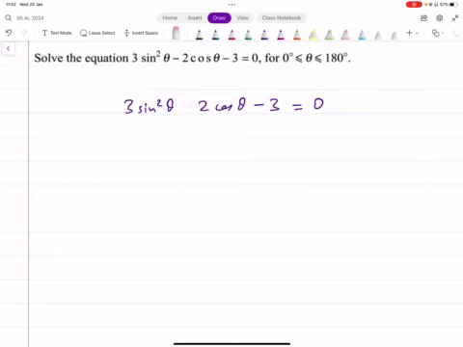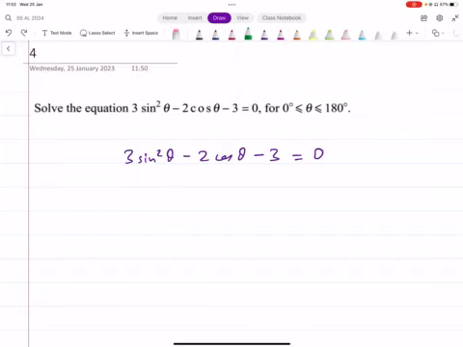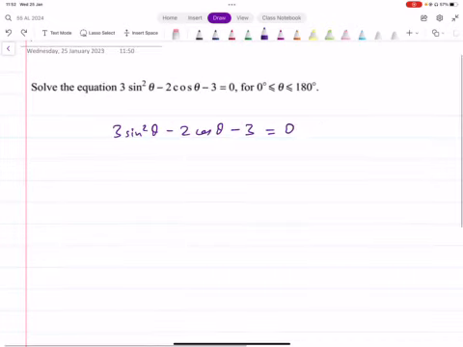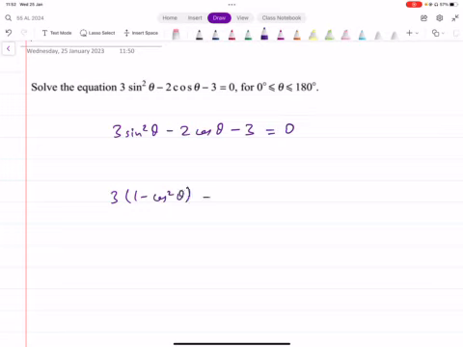So instead of converting cos to sine, we should be converting sine to cos. इसको हम cos square में convert कर सकते हैं. So we can say this is the same thing as 3 into 1 minus cos square theta minus 2 cos theta minus 3 equals 0.